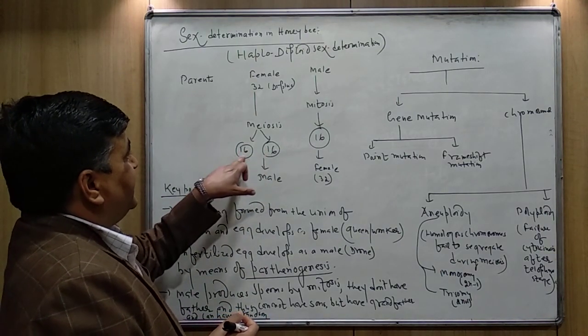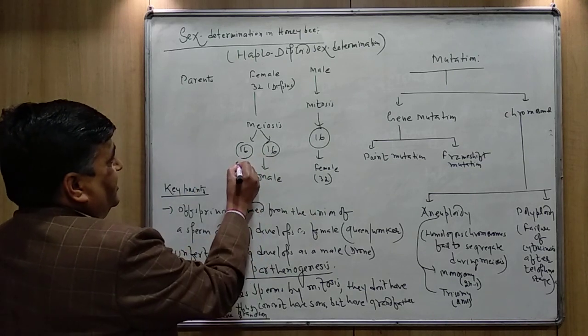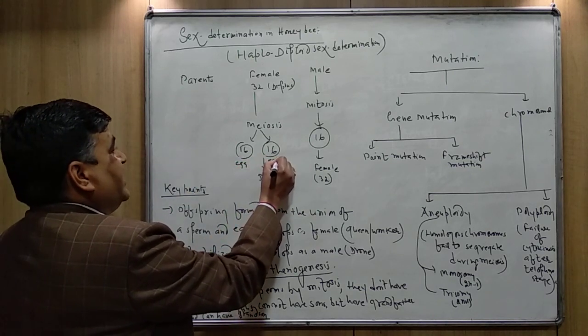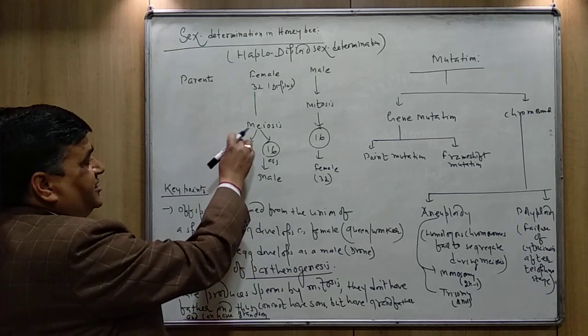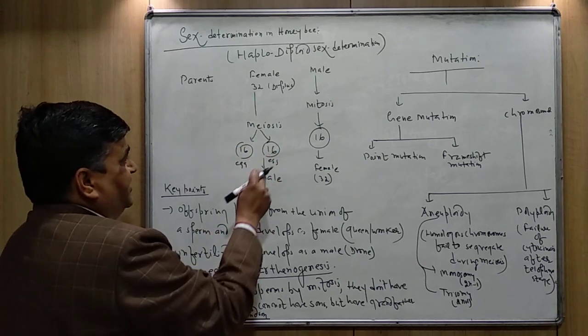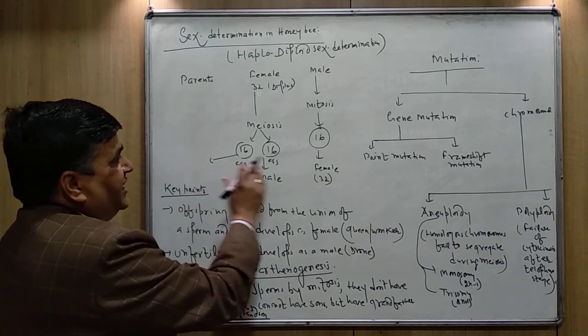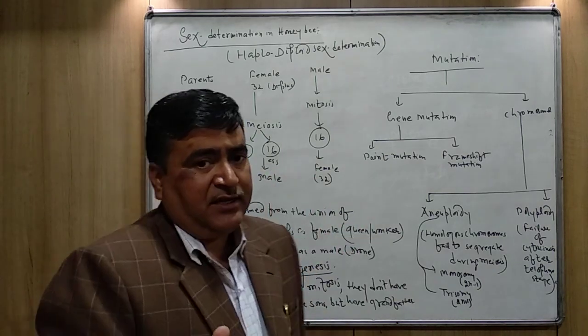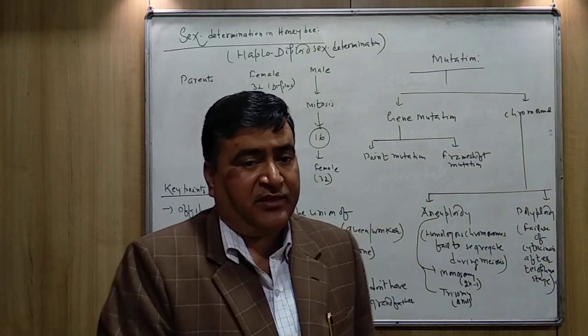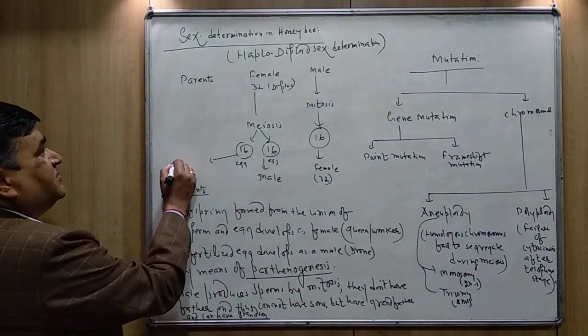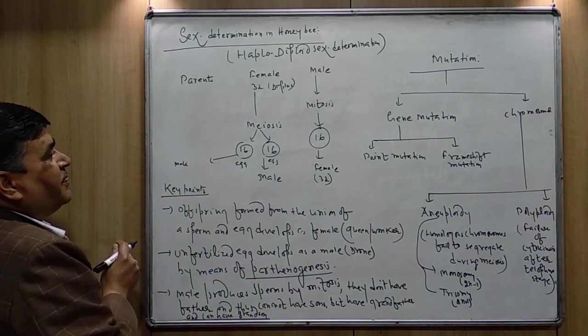You can see here the eggs are produced, and each egg has how many chromosomes? 16. And if the egg is not going to fertilize with the sperm, then it will produce the male offspring.